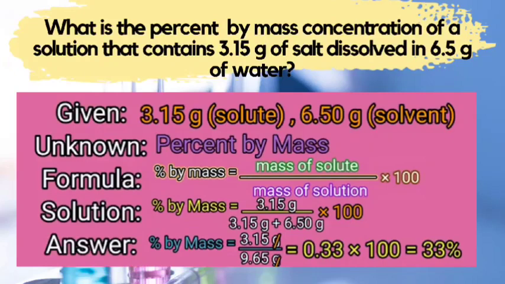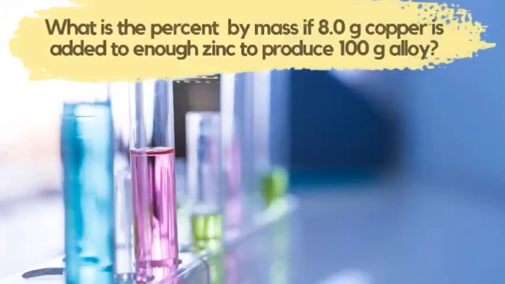Remember class that you are going to cancel out the same unit. It will be equal to 0.33 multiplied by 100, that is 33%. So, the percent by mass concentration of a solution that contains 3.15 grams of salt dissolved in 6.5 grams of water is 33%.